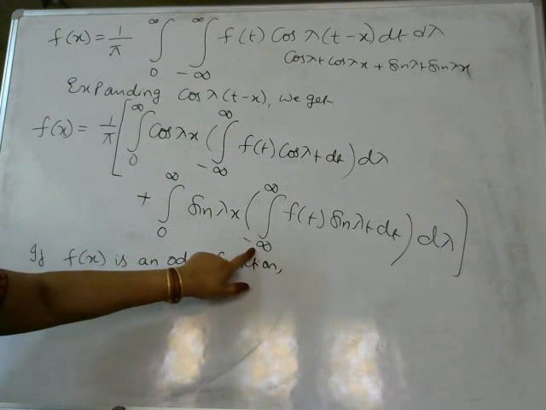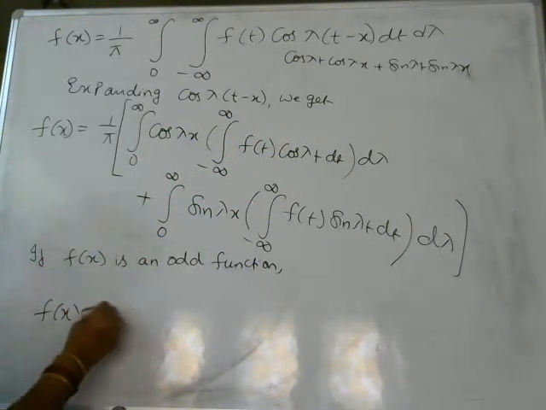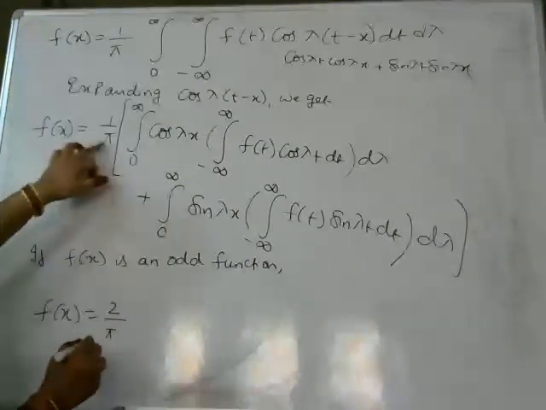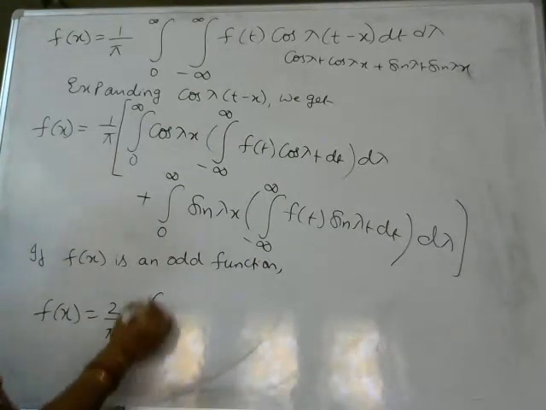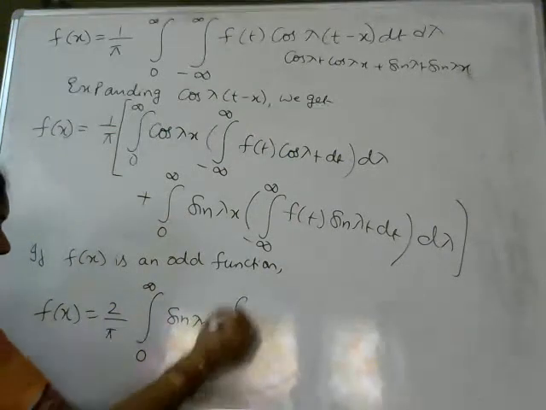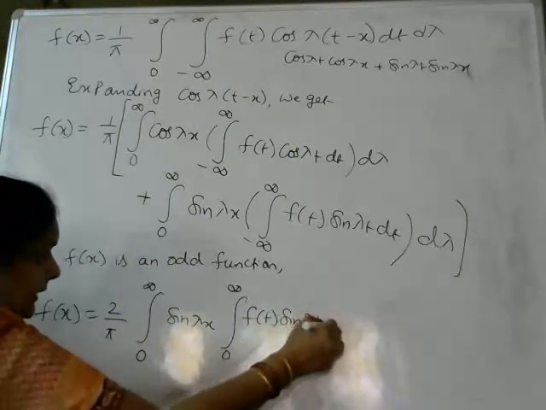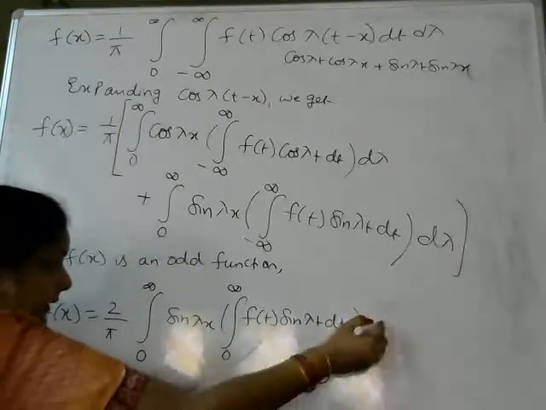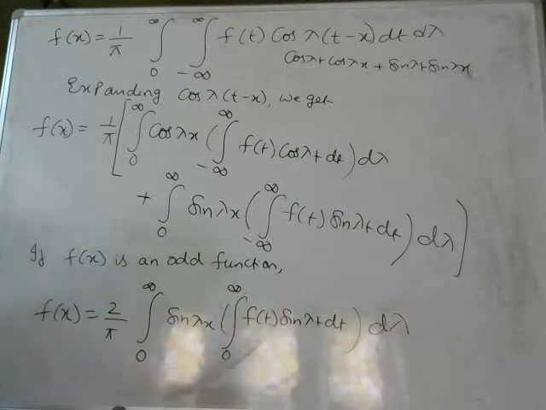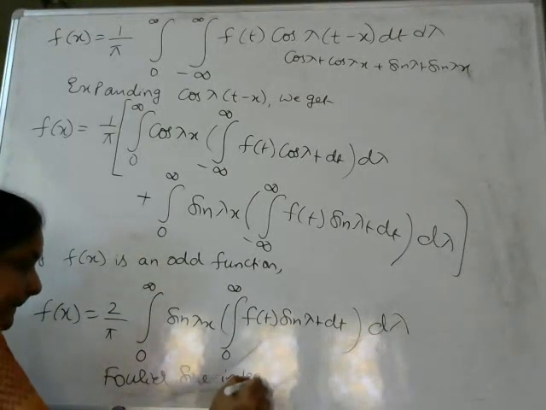I will write here: f of x is equal to 2 by pi, integral 0 to infinity sin lambda x, integral 0 to infinity f of t sin lambda t dt d lambda. This is called the Fourier sine integral.